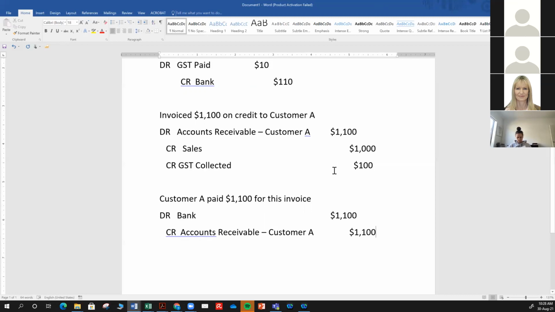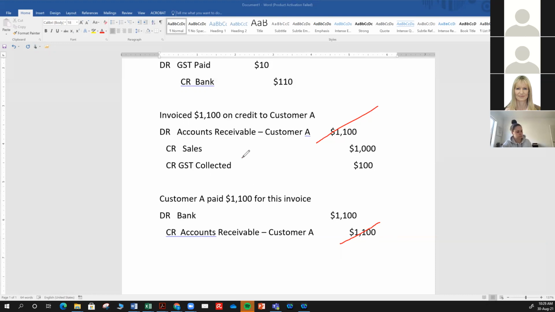I'm going to start annotating. This invoice and this payment will clear: 1,100 match, clear, becomes zero. Okay, are we clear here?